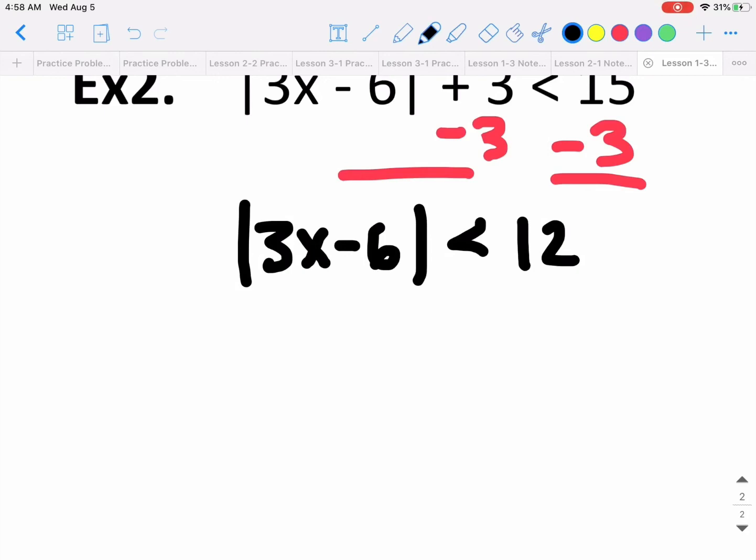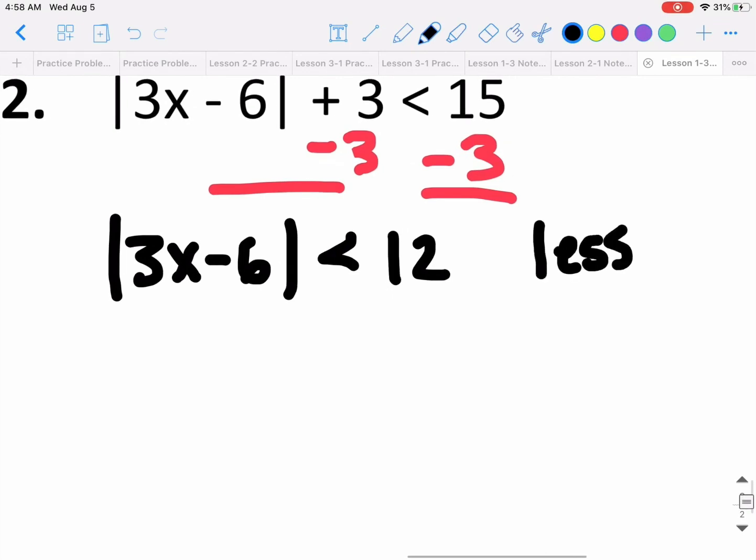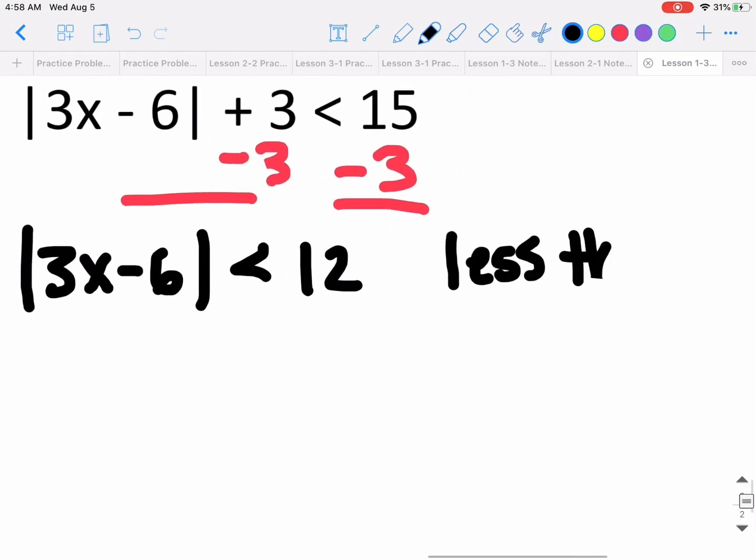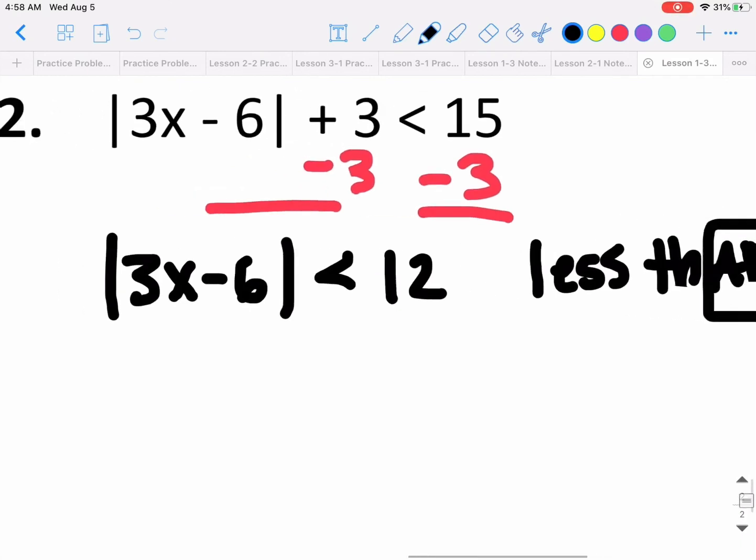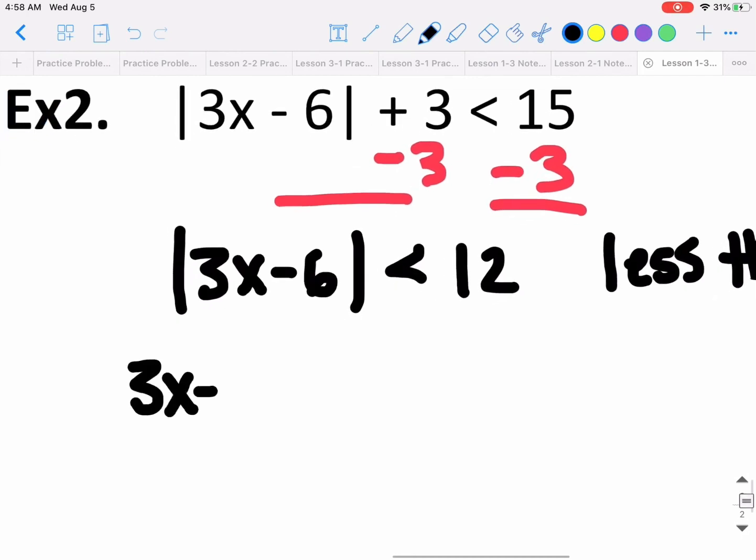Because I see less than, I know that I have less. I can remember what word goes in between my two inequalities by saying less than in my head, and I know and goes in between. So I have 3x minus 6 is less than 12 as the first inequality that I write.